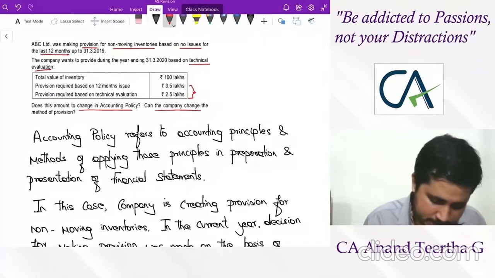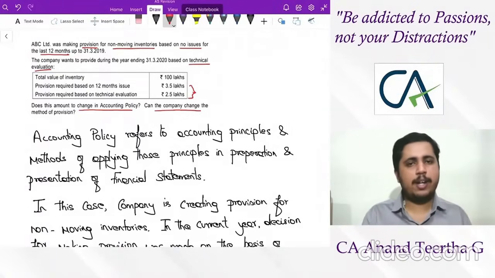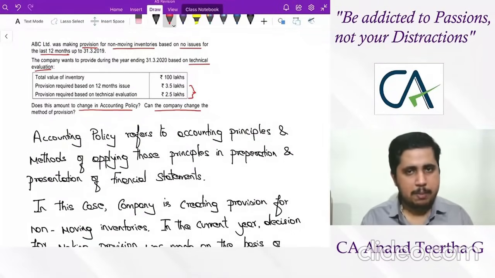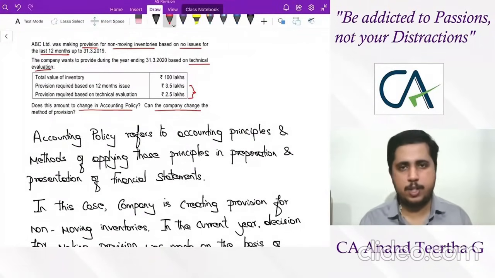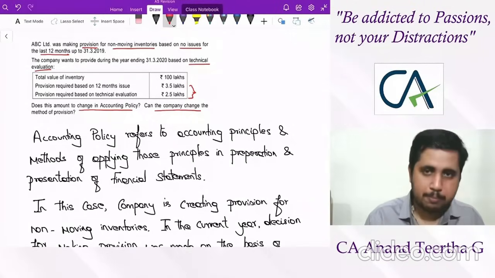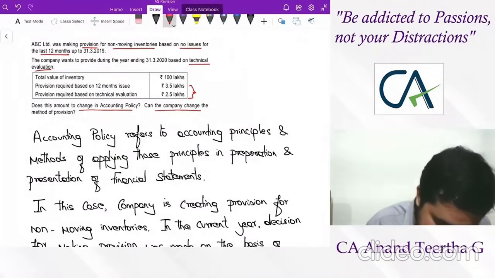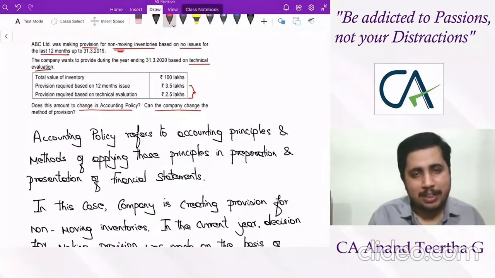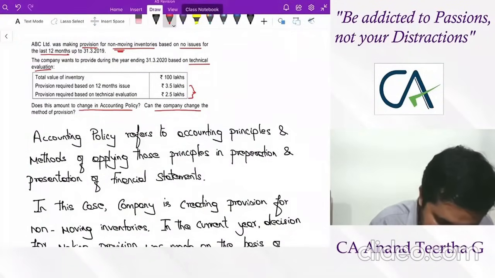Now try to understand. When it comes to accounting policy, what things do we need to remember? There is a principle of accounting, and there is a method to apply such principle; together they are called an accounting policy. The principle is that I want to value non-moving inventory, and the method for that is creating a provision.